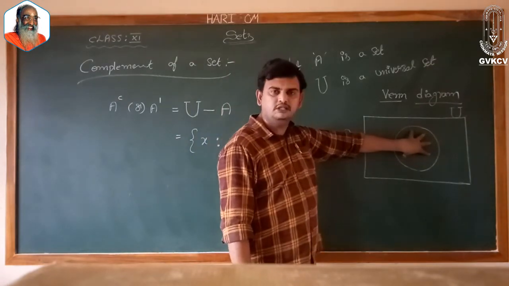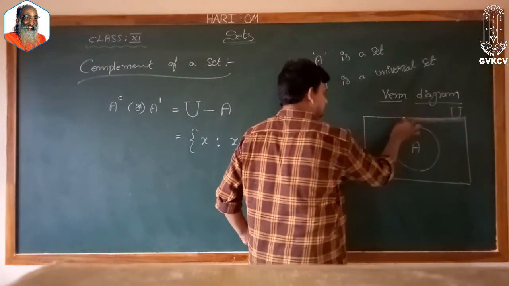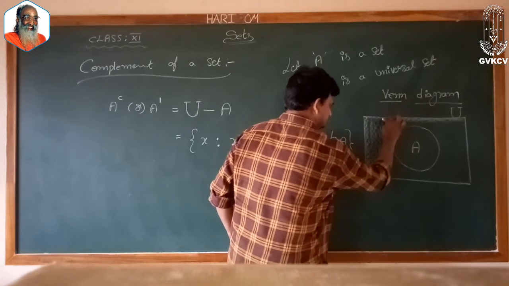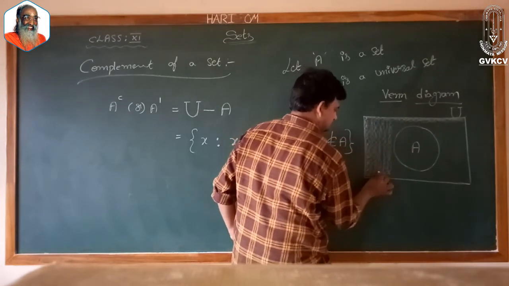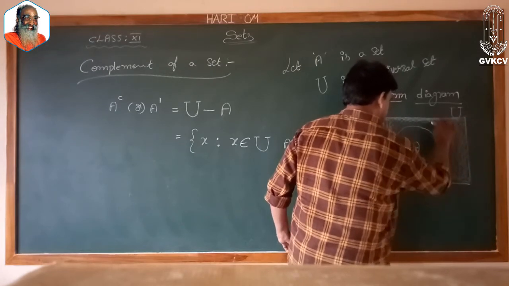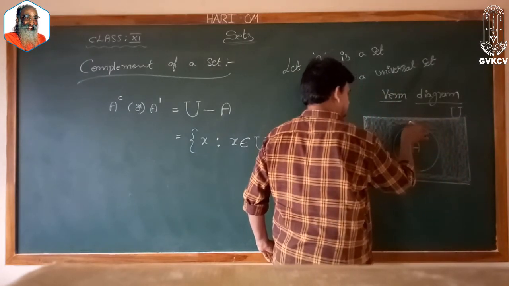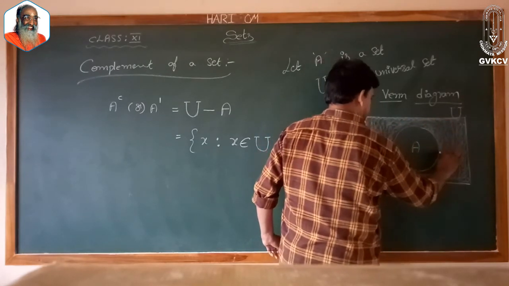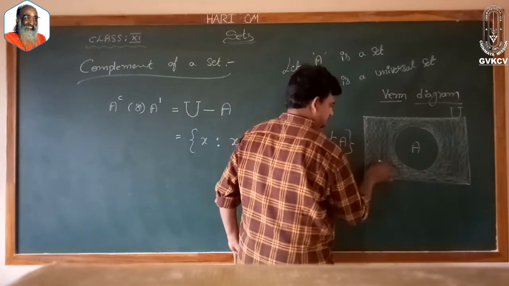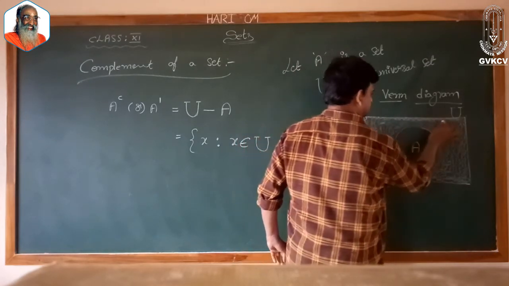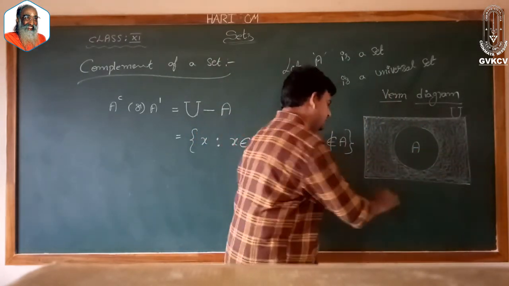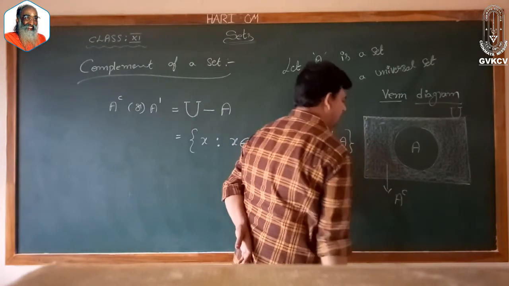Other than A means excluding this A. Excluding this A means the shaded portion.